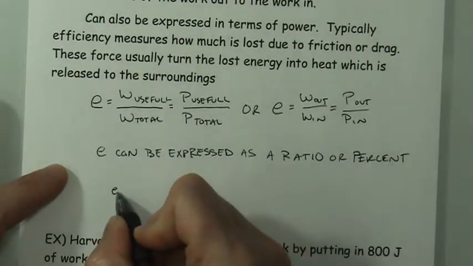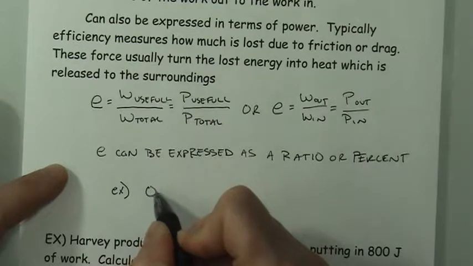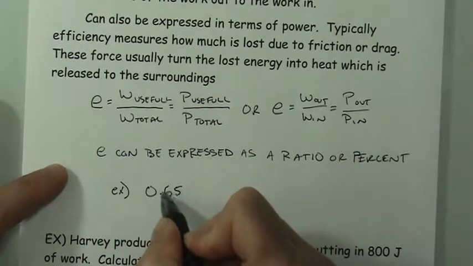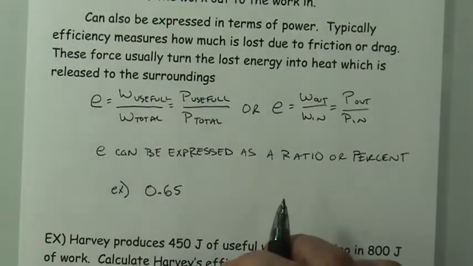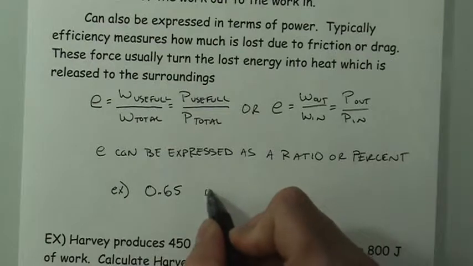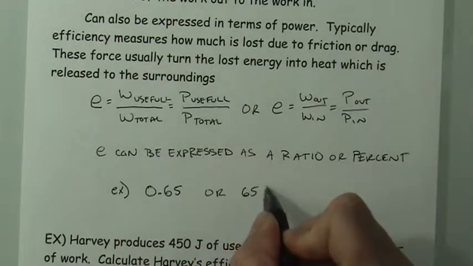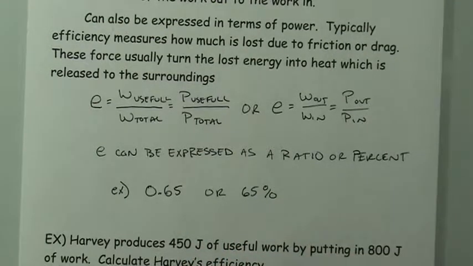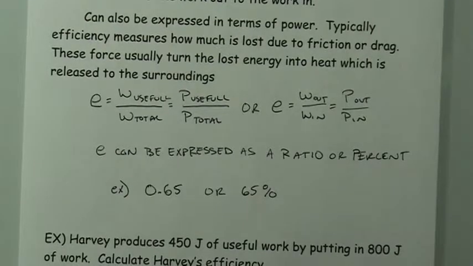So for example, I might say that the efficiency was 0.65, which is saying that for every 1 joule that I put in, I will get 0.65 joules out of the system. Or I could say 65%.